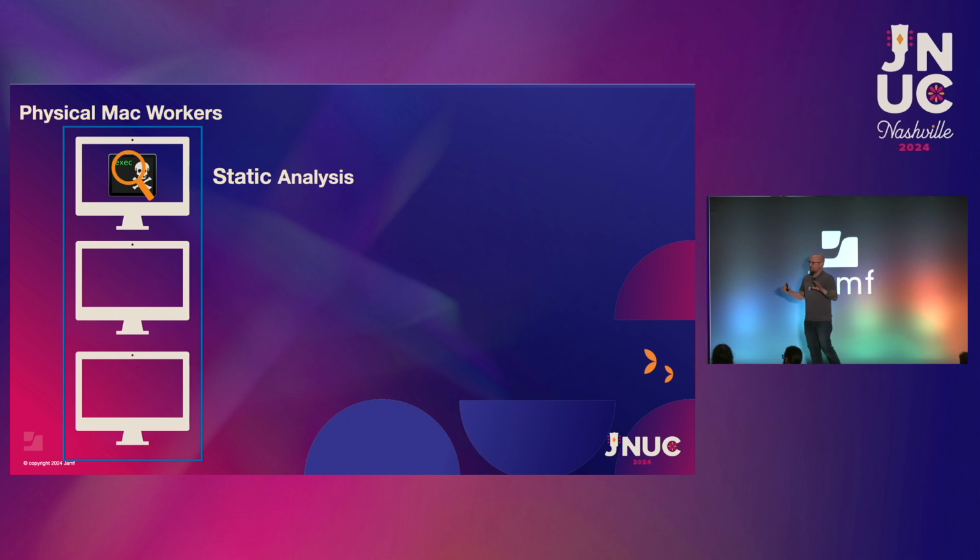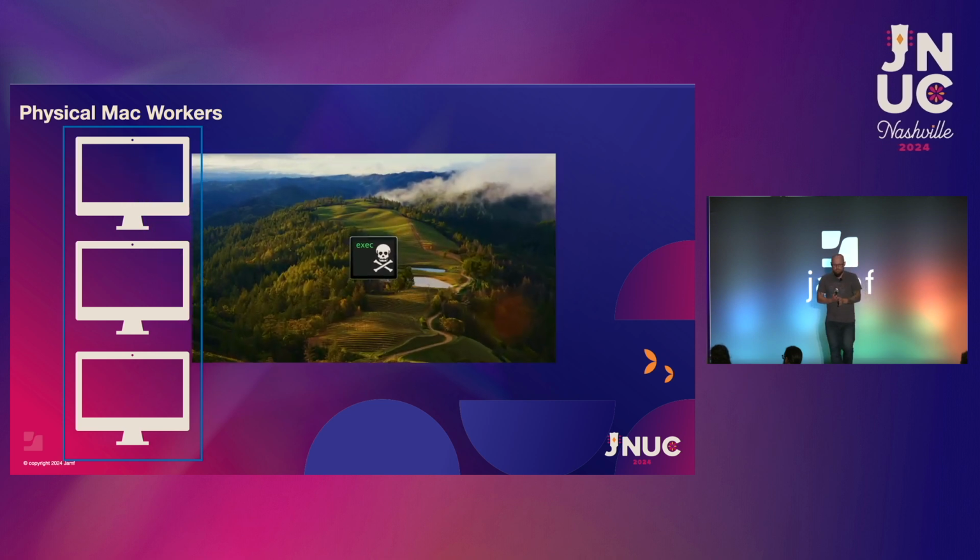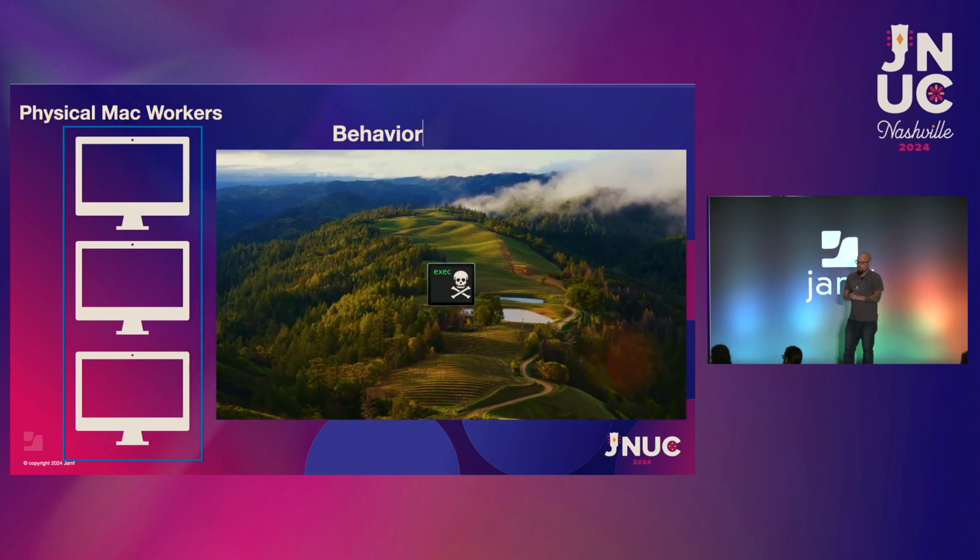Basically, any type of automated analysis that we might do as malware analysts, we can have all done for us and give us a report by the end of that. So static analysis comes first, and this can be anything from Yara scans to checking the strings to checking what libraries are in it. I'll give some examples of this once we get into what a report looks like. After that, we do behavioral analysis.